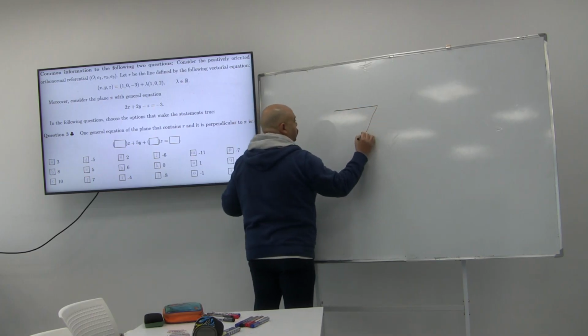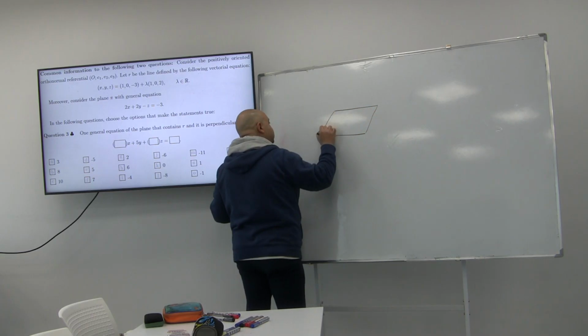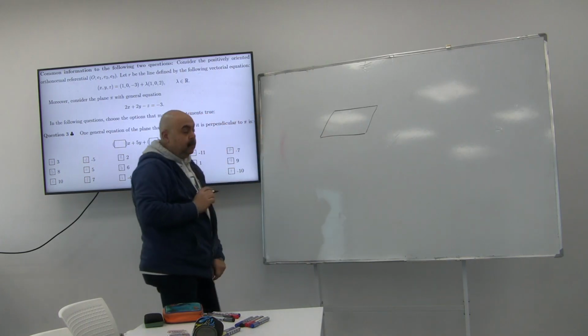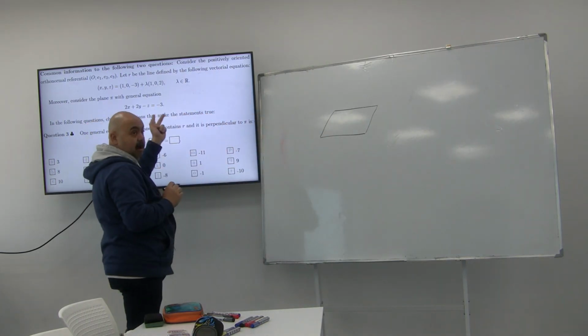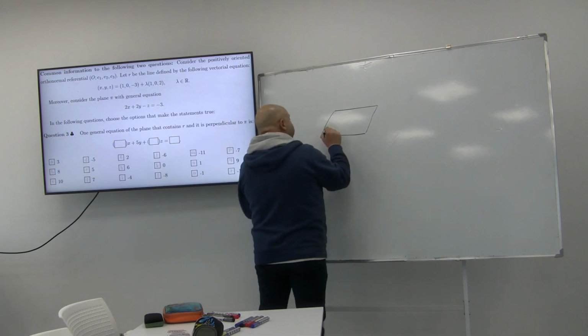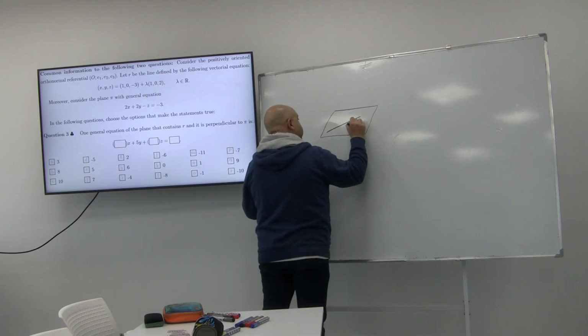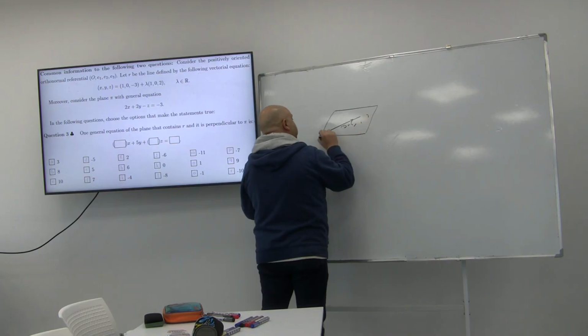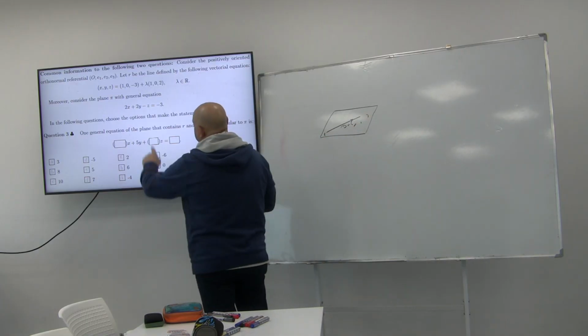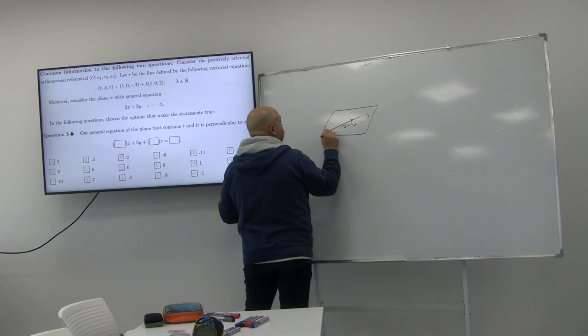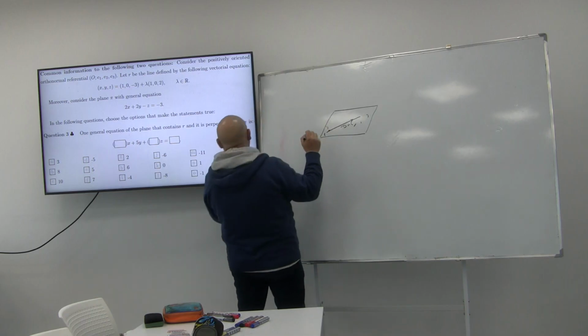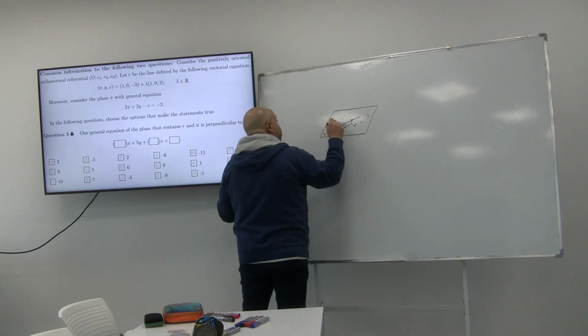So actually, I'm looking for a plane. This is the plane that I'm looking for, which contains R. R means a point and the direction vector. So now you have a direction vector which belongs to line R, and also you have a point which is 1, 0, and -3.